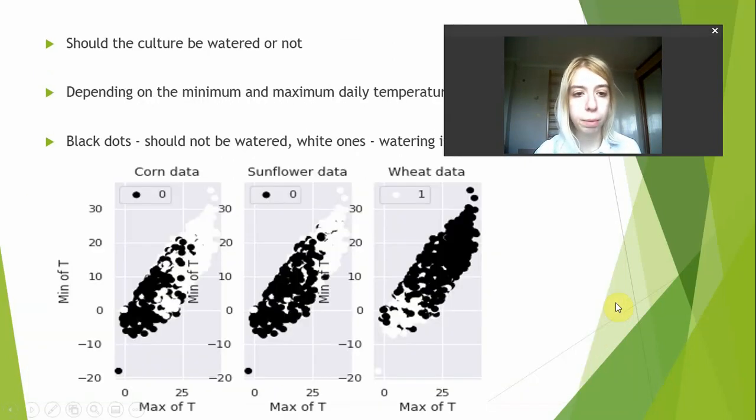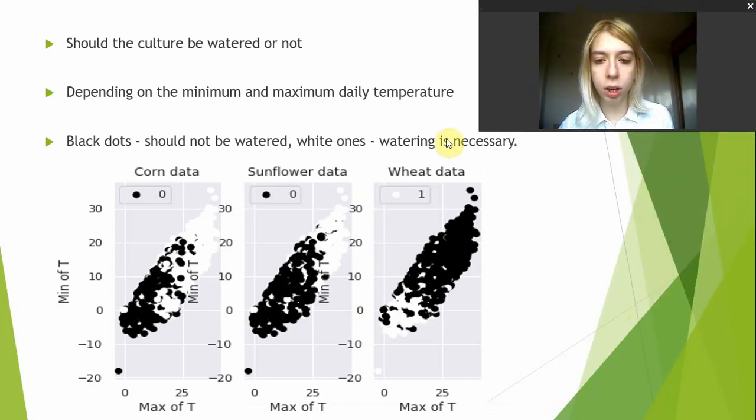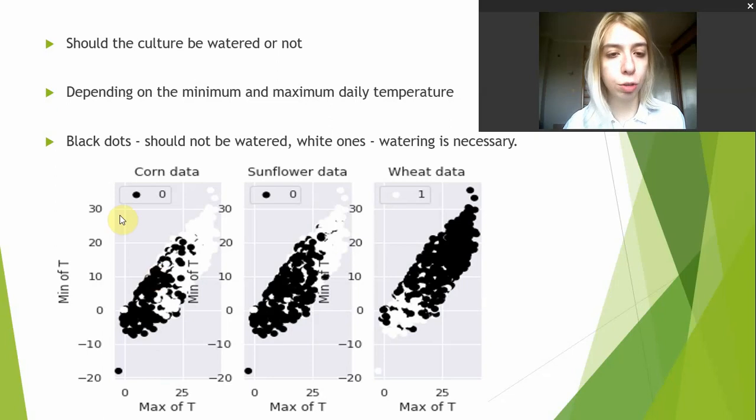Predictions are quite reliable. Also, we have here the graph saying if the culture should be watered or not, depending on the minimum and maximum daily temperature. As we see, black dots are saying that it should not be watered, and white ones say that it should be.